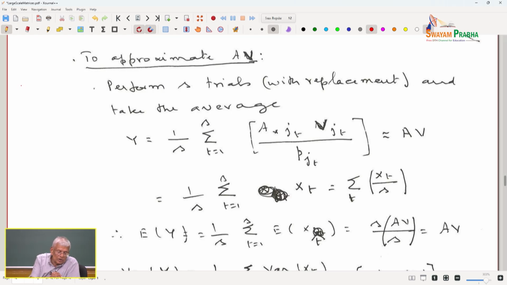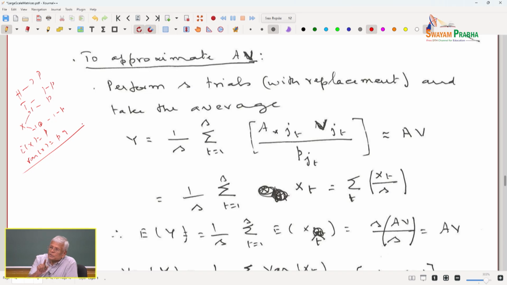Suppose I have a coin that falls heads with a probability p and tails with a probability 1 minus p, and I simply say x is 1 with a probability p, x is 0 with a probability 1 minus p. The expected value of x is p, the variance of x is pq.